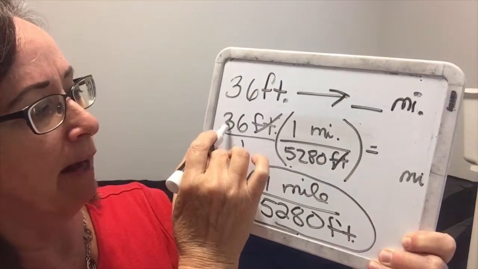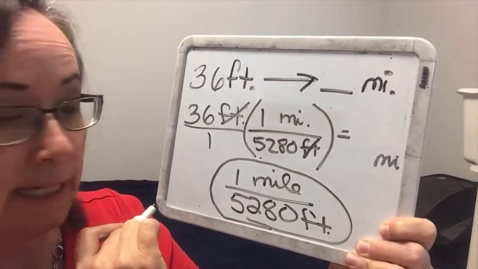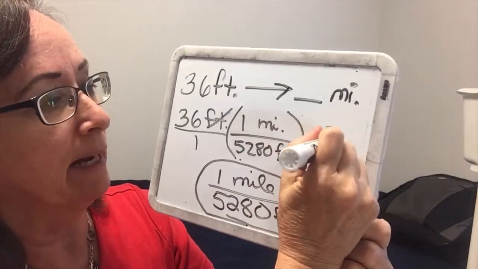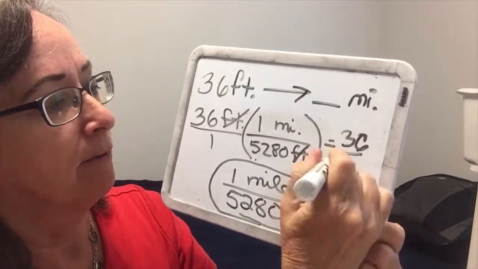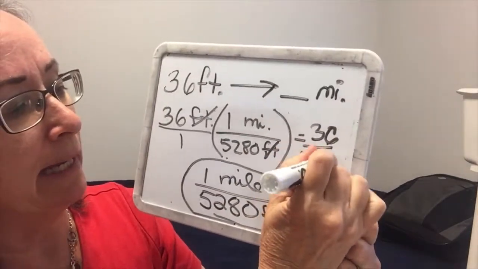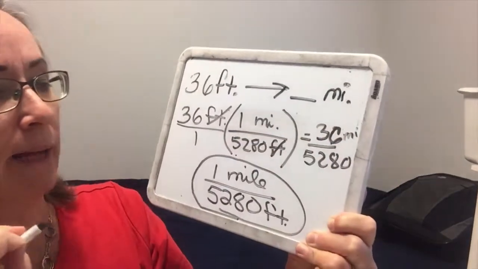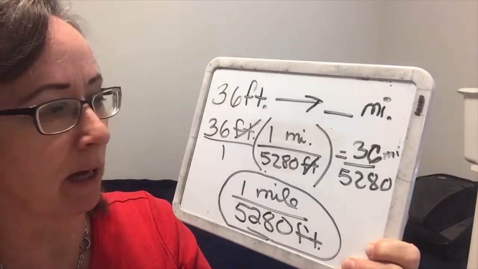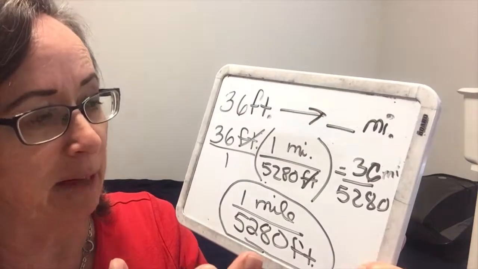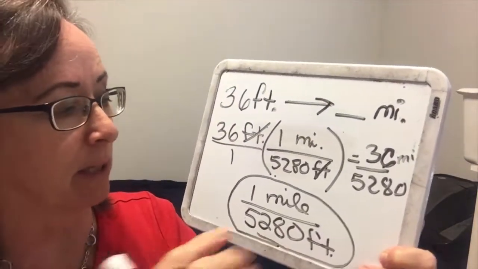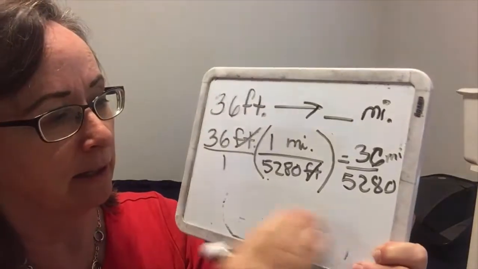So now all I have to do is 36 divided by 5,280. So let's just write it down. 36 divided by 5,280, and that is in miles. Okay, so now if they were just wanting us to show them how to do the problem, we would leave it like that, but in your book they go ahead and do the long division.